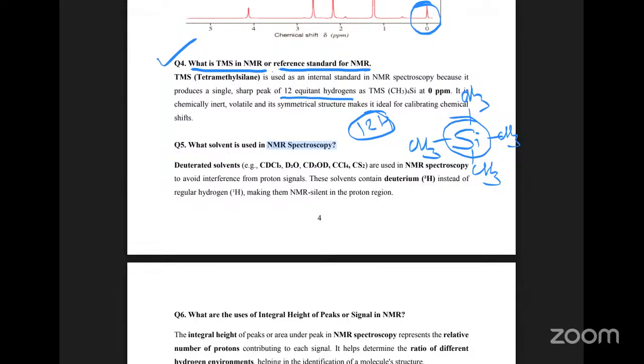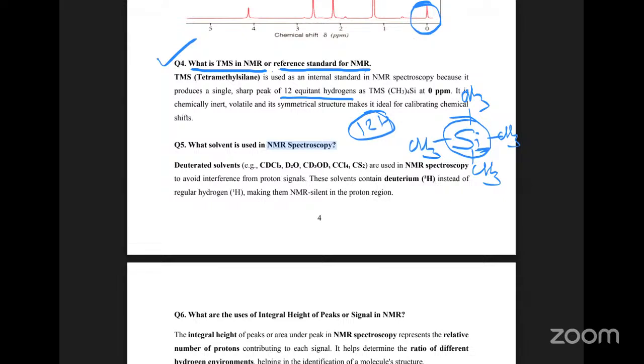So that's why the values measured in delta value are away from the zero, and that matters in case of the TMS. Most of the peaks which are away from the zero are more electronegative. Towards zero, we call them electropositive, but they do not fall under categories like silicon. So that's why we refer to this as a standard.